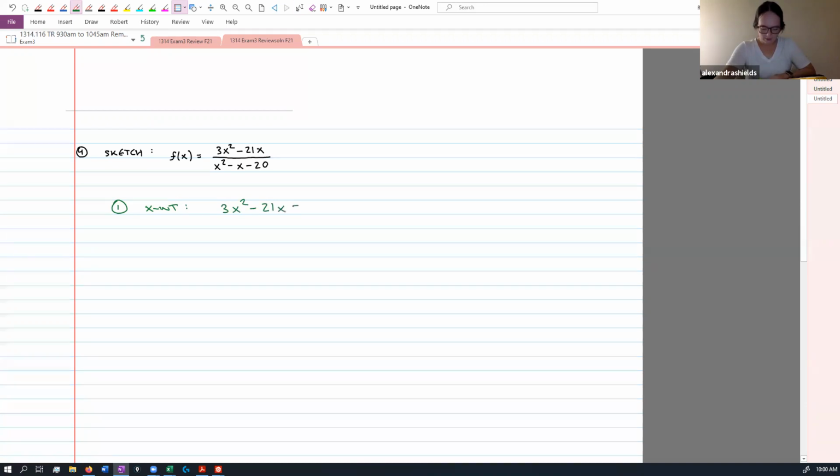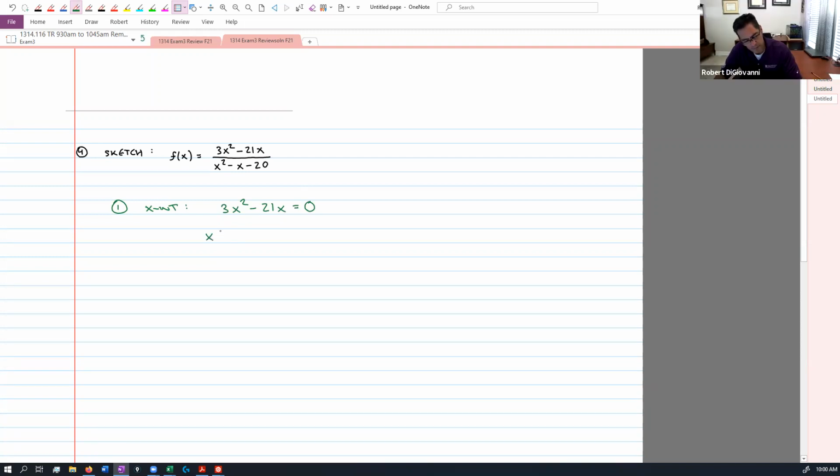I got x equals 7. Okay, so how did you do that? You doing the x-intercepts, you set the top to 0, I'm guessing, yes? Yes. So I set the top to 0, and then I factored out an x. Okay. And then in the parentheses, I had 3x minus 21.